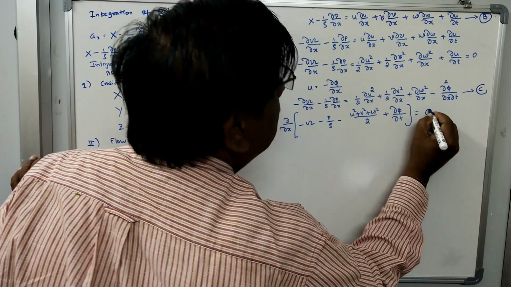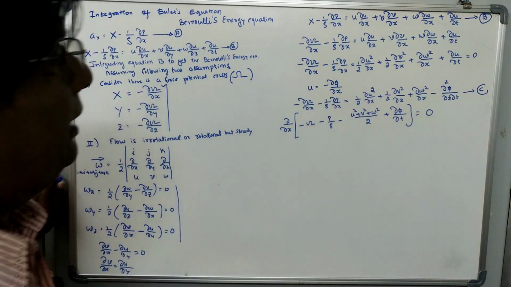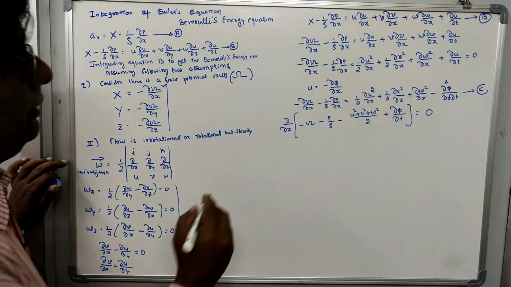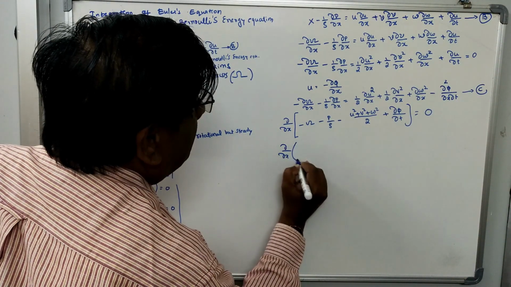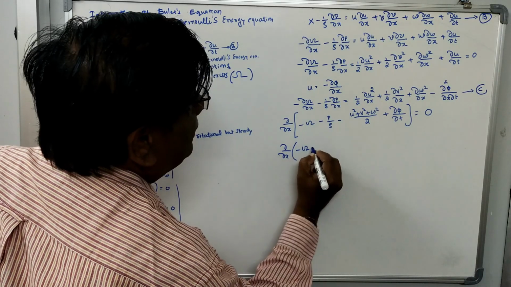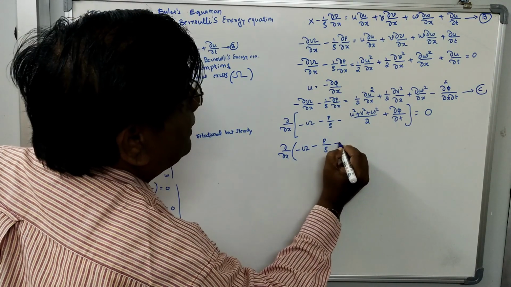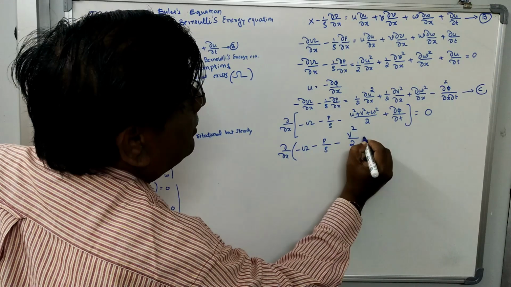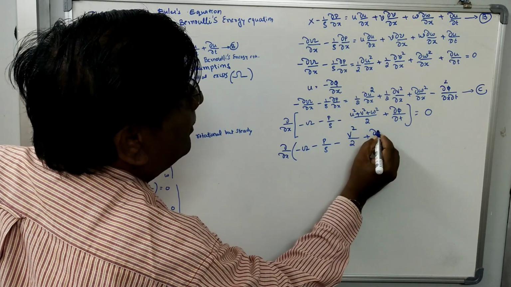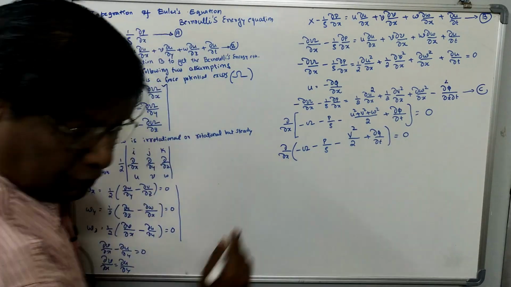This is equal to 0. Taking all these terms to the right hand side, this is equal to ∂/∂x of minus force potential minus p by rho minus v² by 2 plus ∂phi/∂t. This is equal to 0.